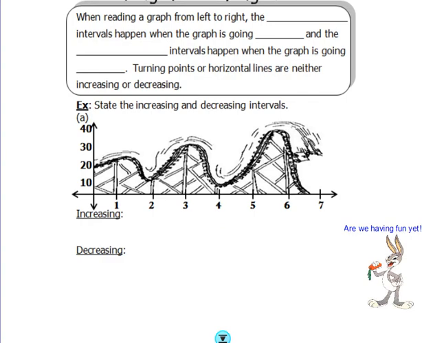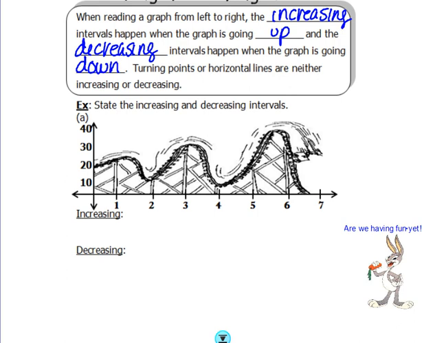All right, increasing and decreasing intervals. When you're reading a graph from left to right, the increasing interval happens when the graph is going up, and the decreasing interval happens when the graph is going down.